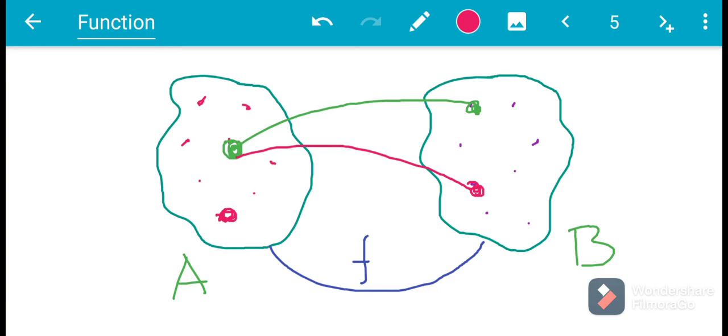Two different points of the domain can connect to a single point of the codomain, that is fine, but a single point of the domain cannot connect to different points of the codomain. So this is always welcome.